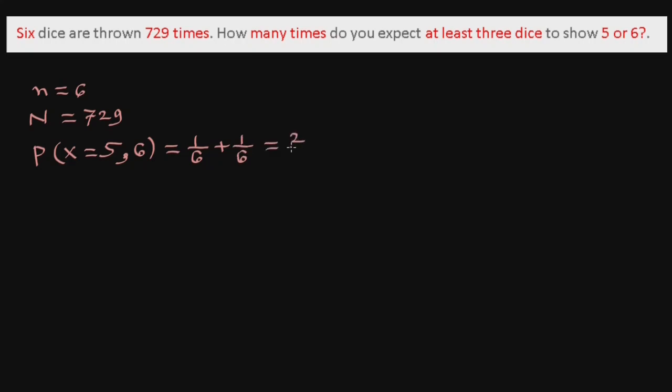Here small n is 6, capital N is 729. Probability of getting 5 or 6 will be P of x equals 5 or 6. Probability of getting 5 is 1 upon 6 and that of getting 6 is 1 upon 6, which is 2 upon 6, 1 upon 3. Therefore P is 1 upon 3.